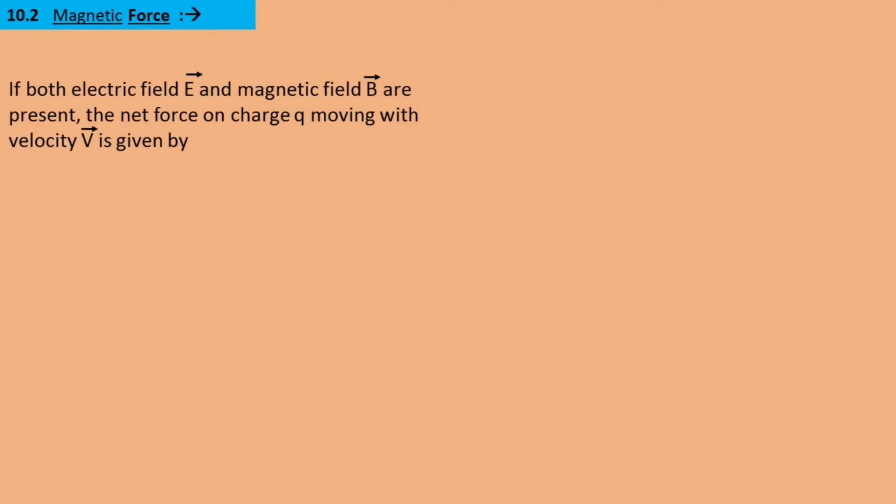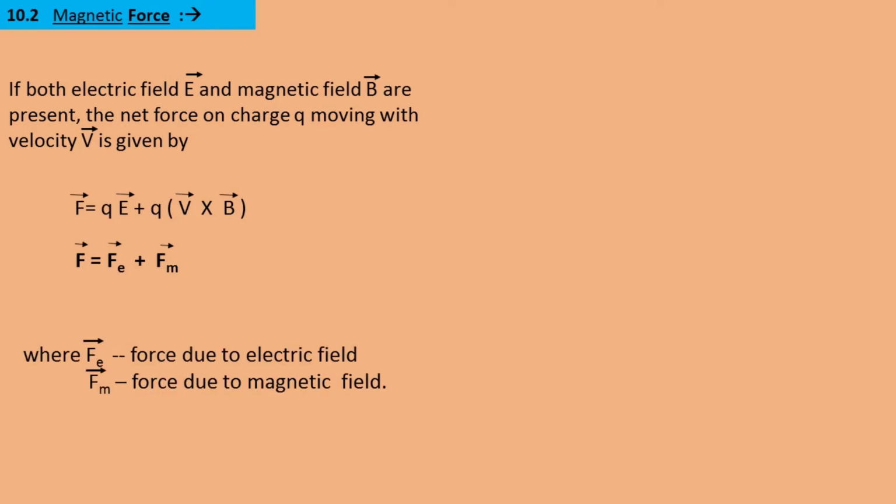Now suppose both electric and magnetic fields are present. The net force on the charge Q moving with velocity V is given by vector F is equal to Q into vector E plus Q into bracket vector V cross vector B, that is equal to vector Fe plus vector Fm, where vector Fe is the force due to electric field and vector Fm is the force due to magnetic field.